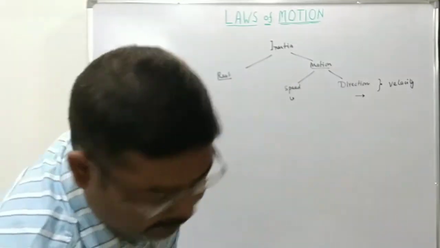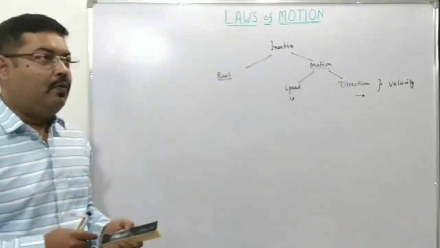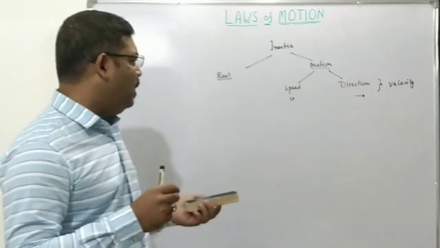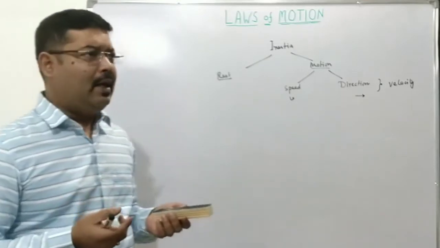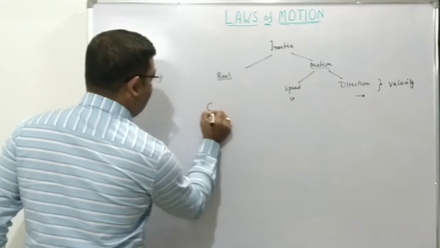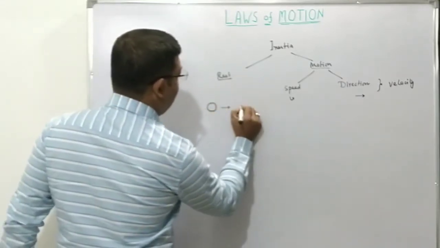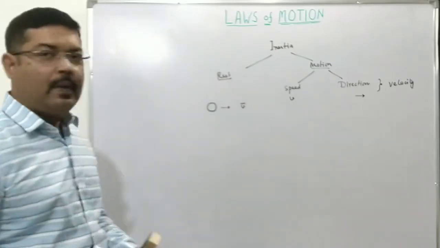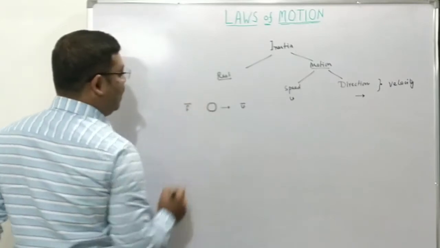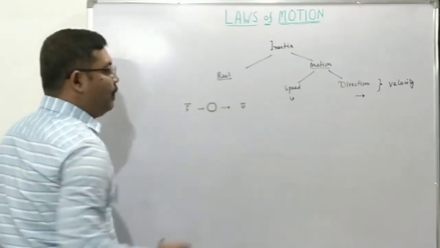Now coming back to our basic observations, what we have seen is that if you take a less massive object, say a tennis ball, and apply a certain force F to it, then it will start moving with a velocity v.